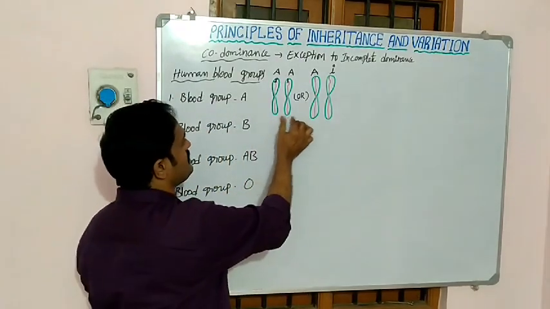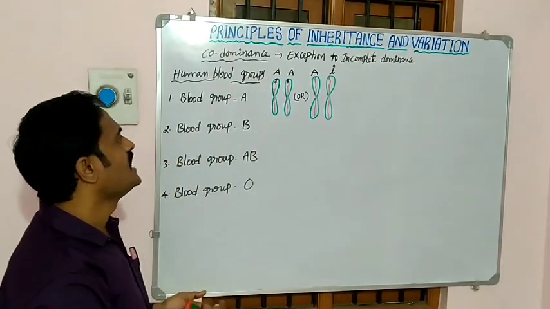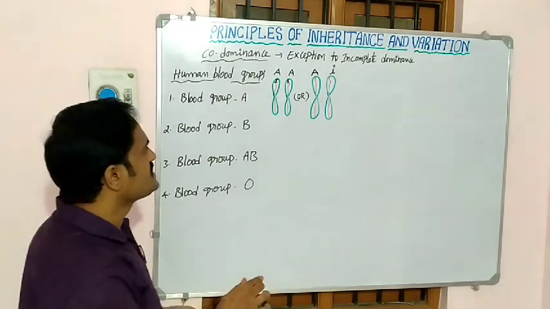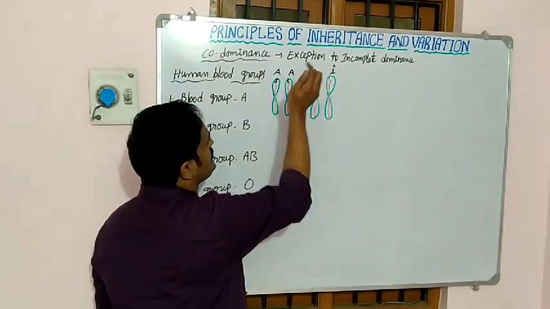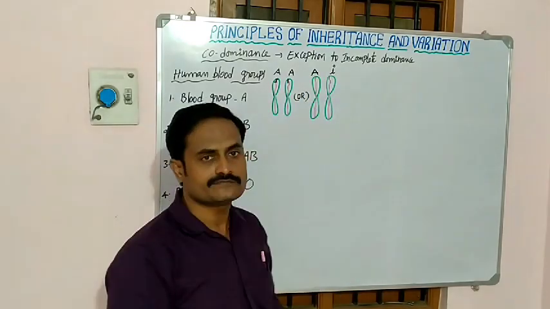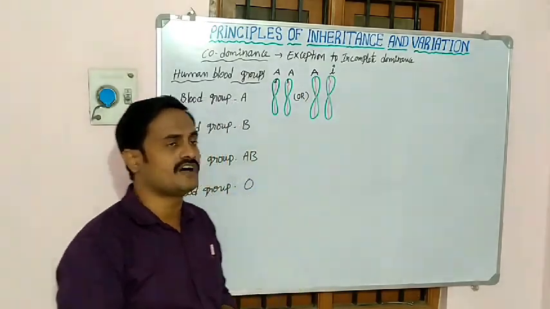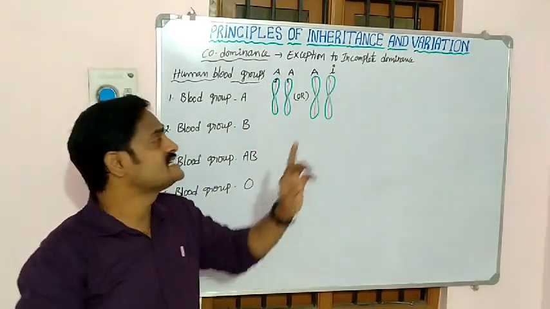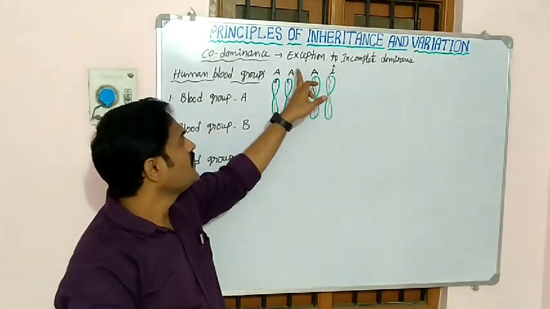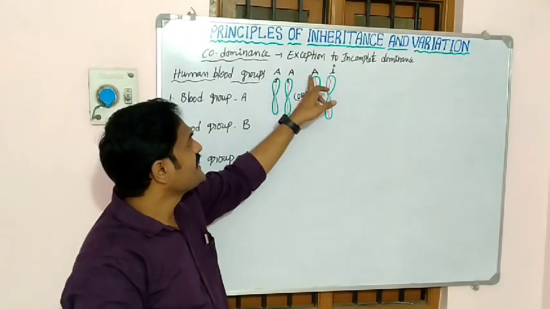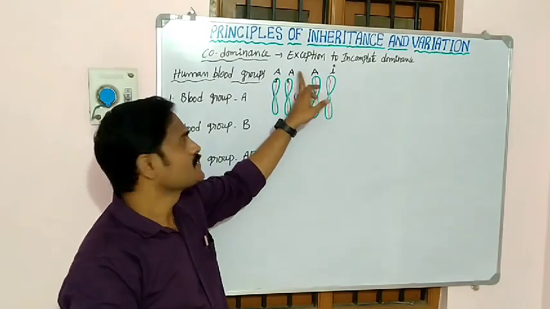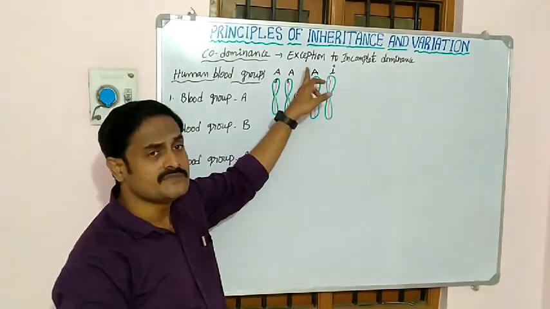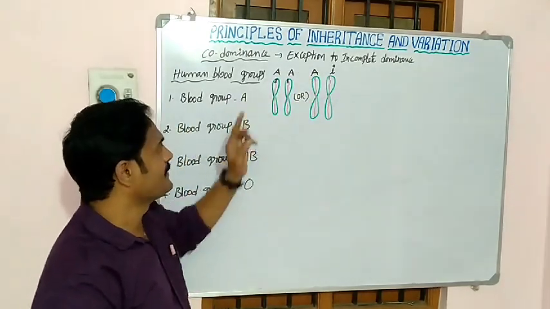So these types of alleles we are seen in the blood group A. See, always A is dominant than I. I is a defective allele. It is not expressed. Only A is expressed here. So all A belongs to the blood group A.